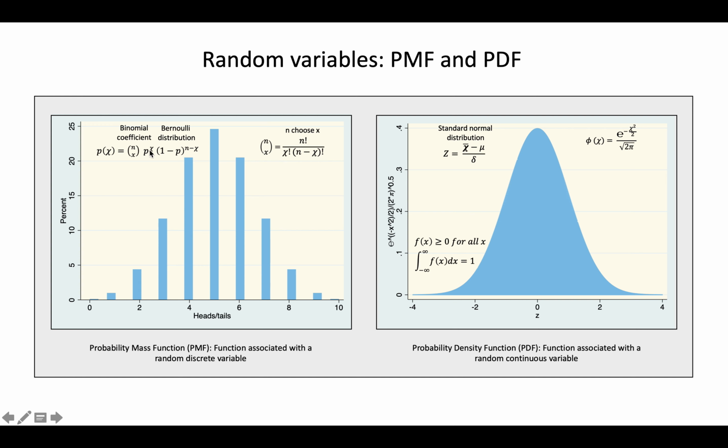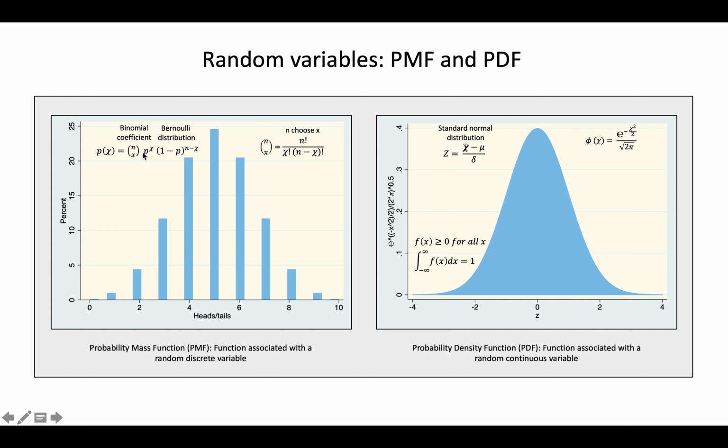So the Bernoulli distribution, by the way, is represented by this notation, p to the x multiplied by 1 minus p to the n minus x. So where the p is the probability, in this case the probability of having a head or having a tail, and 1 minus p is exactly the contrary.